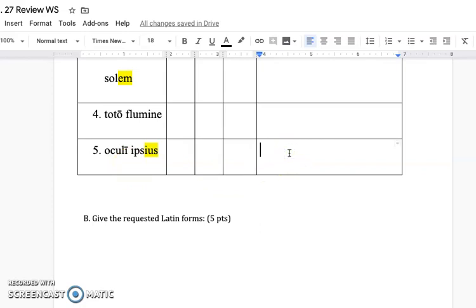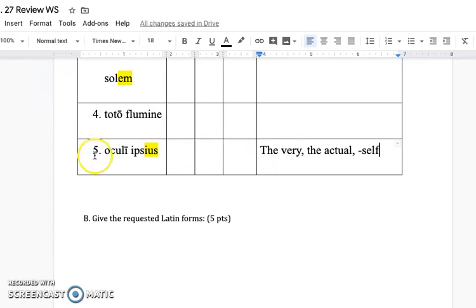Oculi ipsius. Ipse, ipsa, ipsum is a little strange to translate because it doesn't have a good equivalent in English. It's the intensive pronoun, so you could say the very, the actual, or essentially any pronoun with the suffix self, okay?